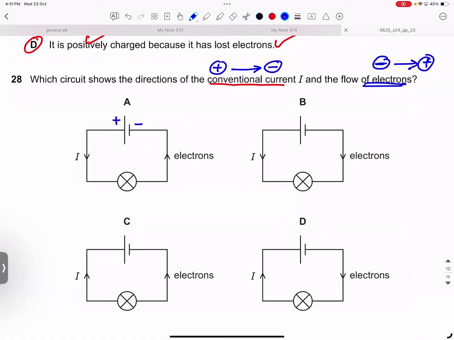So shorter line of a battery is negative. Is conventional current going this way? Yes. Are electrons going that way? No. Option A is wrong. Look at option B. Is conventional going from positive? Yes. Are electrons going from negative? Yes. Option B is the correct option.